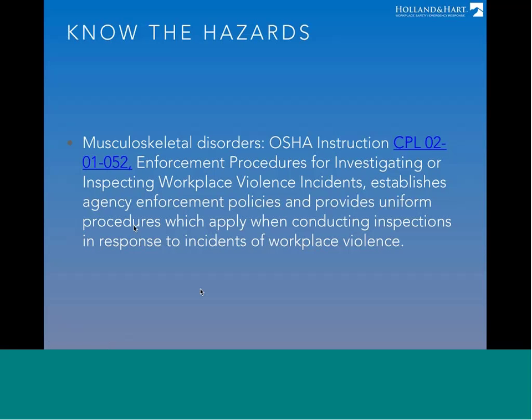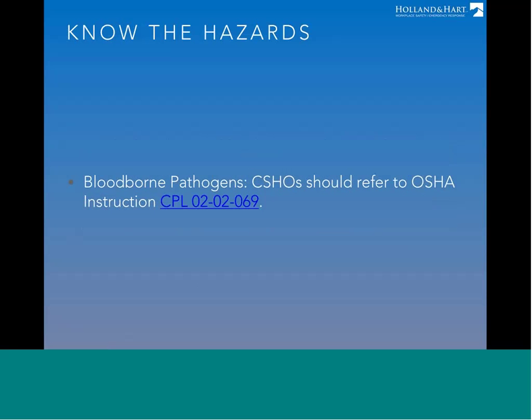If you download the presentation, it'll take you straight to the instructions that describe the enforcement procedures for investigating or inspecting workplace violence incidents. This is going to tell you how OSHA's inspectors are going to be evaluating these hazards and how they're going to look at issuing citations, so they're very informative.